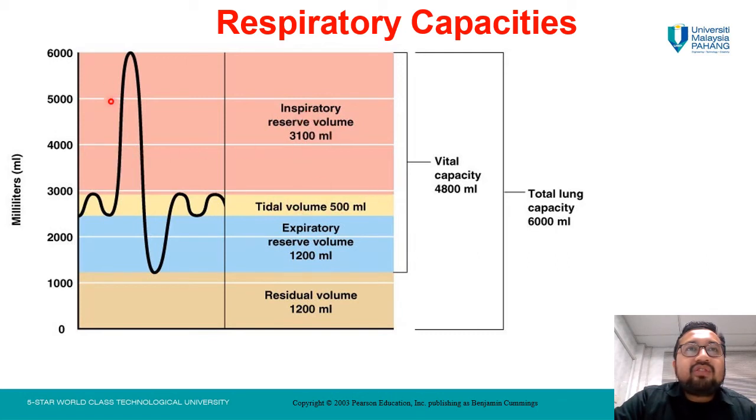Inspiratory reserve volume, forced inspiration. This is forced expiration. Vital capacity is where the exchange of gases can occur. And this is the total lung capacity. If we add up all of these capacities, we have about 6 liters of air inside our lungs.